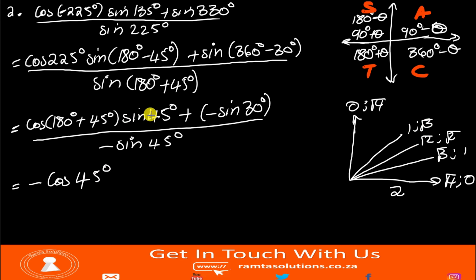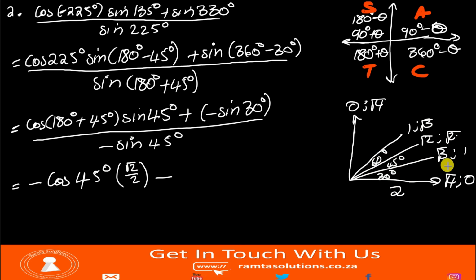So, what is sine 45? Here it is, root 2 over 2. You can press your calculator to confirm. Now, this is plus and minus, so it will be minus. What is sine 30? Oh, so this is 30 degrees. This is 45, and then this is 60.